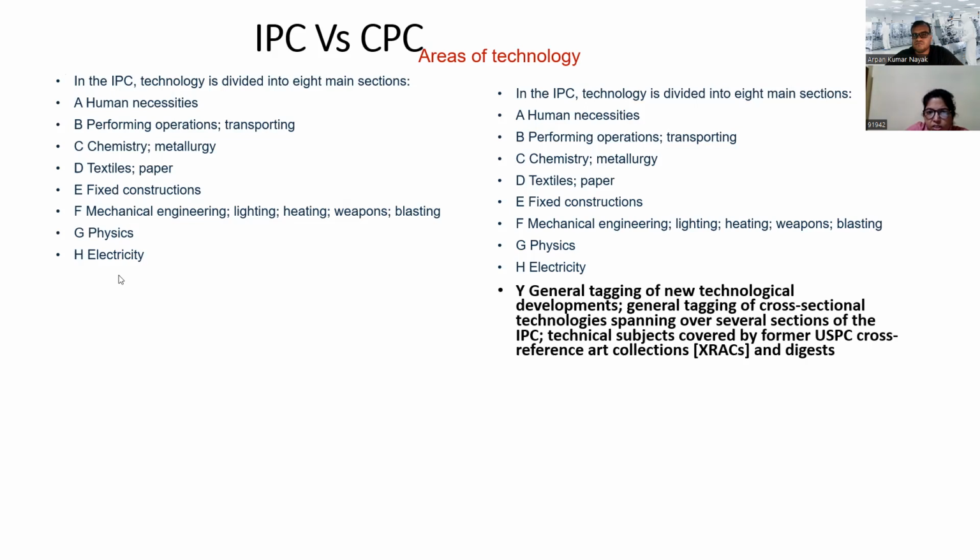So these are the 8 sections, or areas of technology, covered under the IPC system. But in the CPC system, instead of 8, here we have 9.